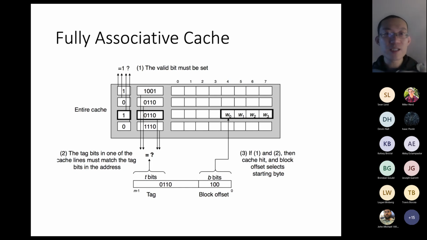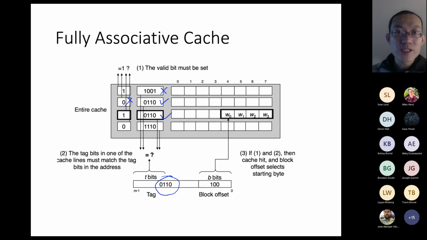And if we look at how to make a match, we take the tag part 0110 and compare this with each line. The very first line has the tag 1001. It's not a match, so we pass. The second one is 0110. Seems like it's a good match. But if you look at the valid bit, it is 0. So it means that this line is empty, so it will be a cache miss, and we have to pass this line as well.